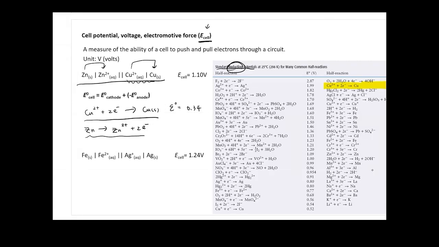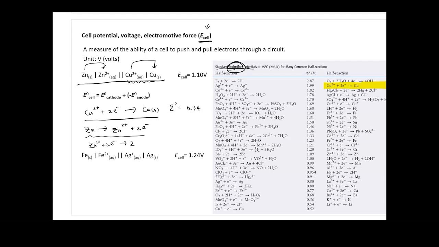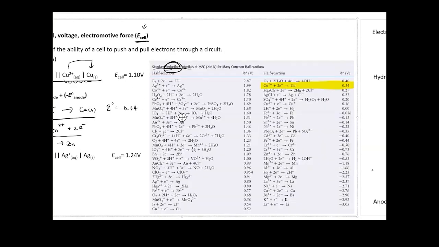So you want to look for the species zinc 2 plus plus 2 electrons, which gives you zinc. If you do this carefully, you should see zinc 2 plus plus 2 electrons become zinc, and the E naught for this specific reduction is negative 0.76.